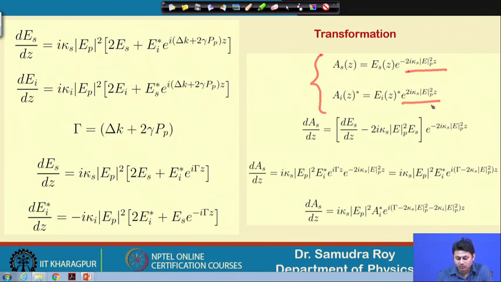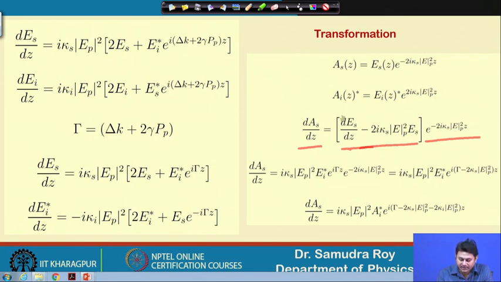Why we took this particular form, you should know right now, that if I now take the derivative of AS with respect to z, on the right hand side it will be dES/dz minus 2i kappa s |Ep|^2 ES, and e to the power of 2i kappa s |Ep|^2 z.